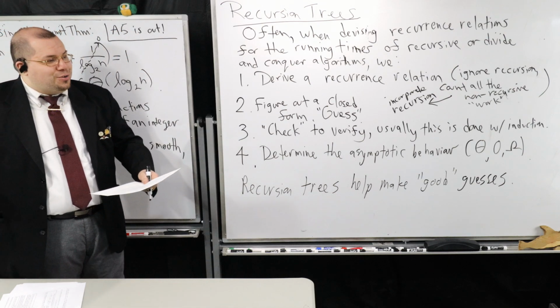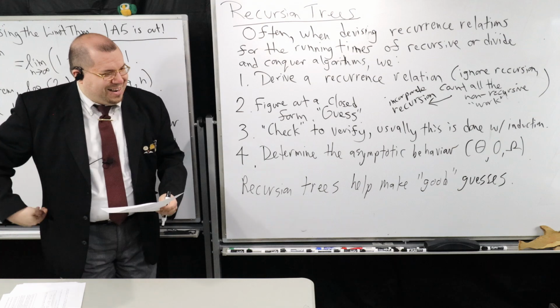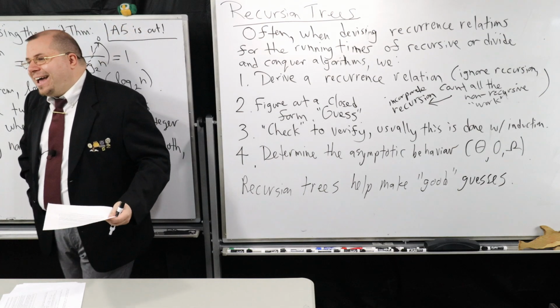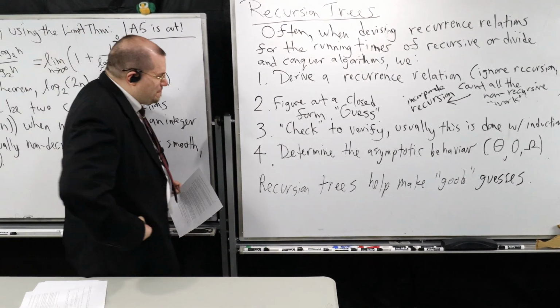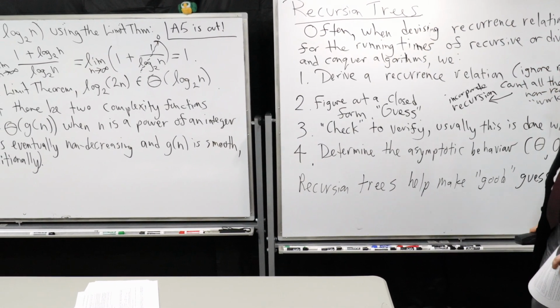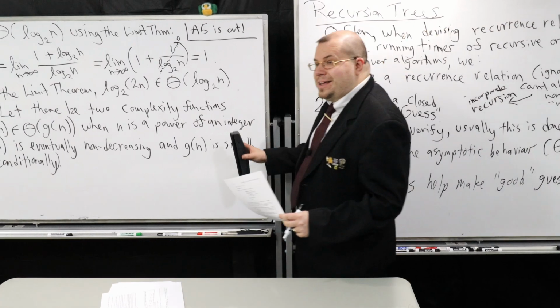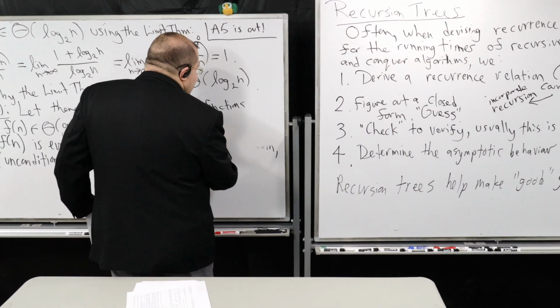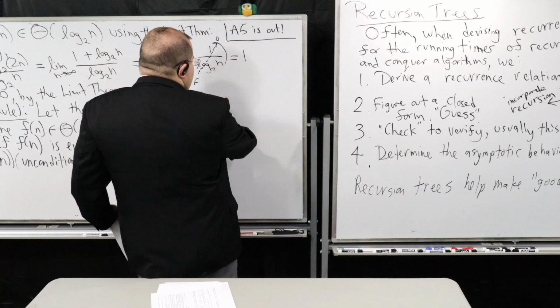So it's very intuitive for computer science folk, and that's why I like to show it. You could be very analytical with this technique, but most certainly it makes it a little bit easier to visualize what's going on.